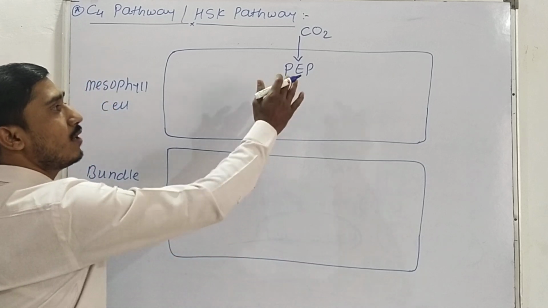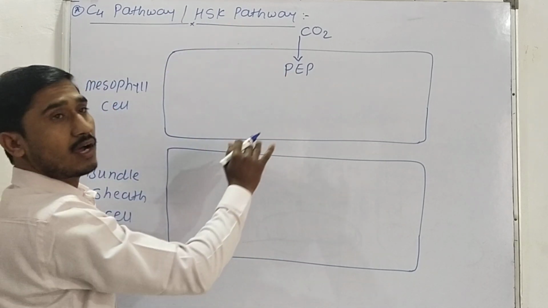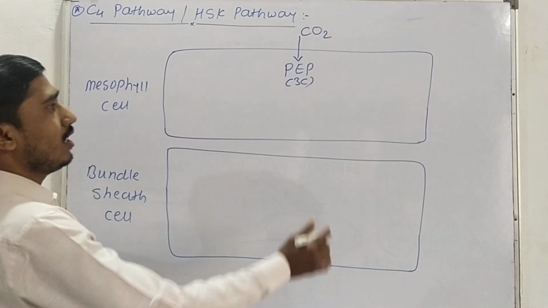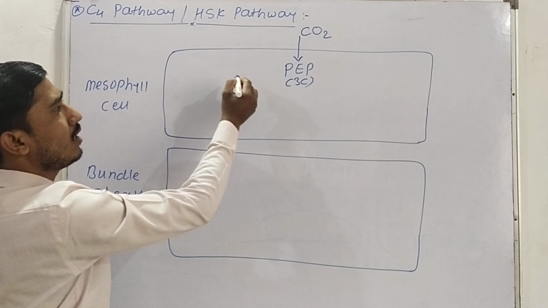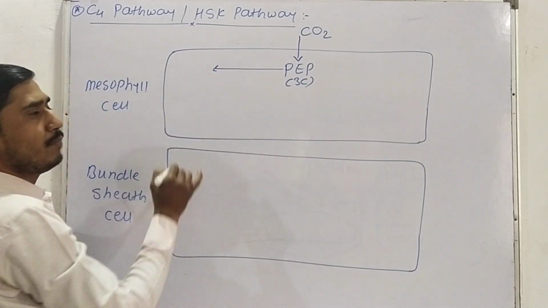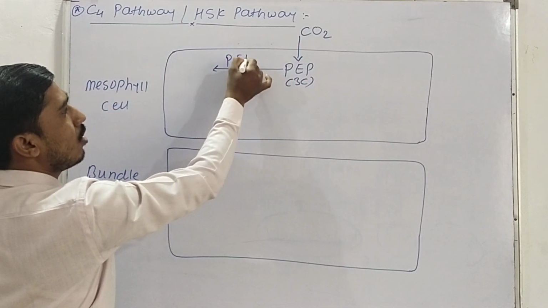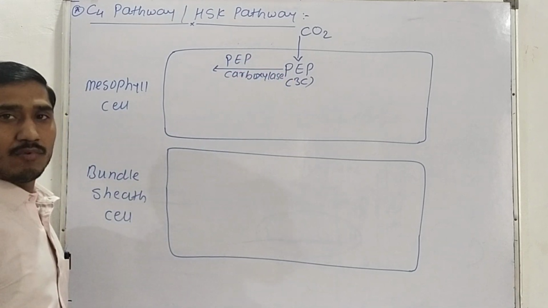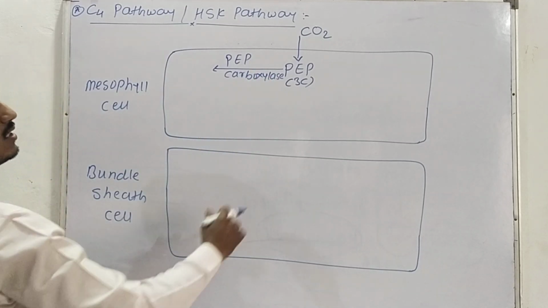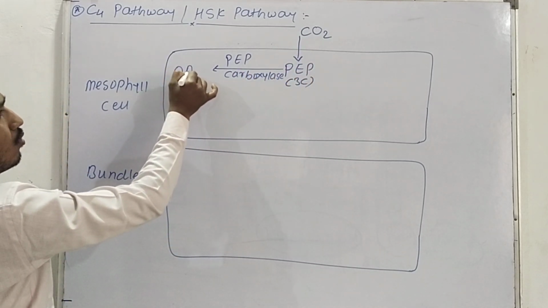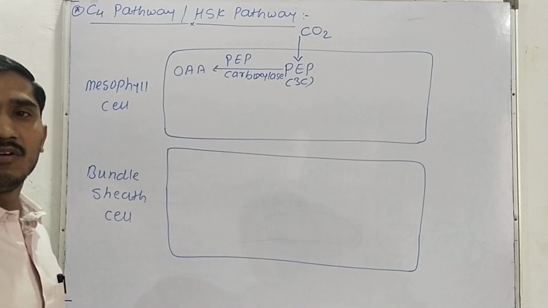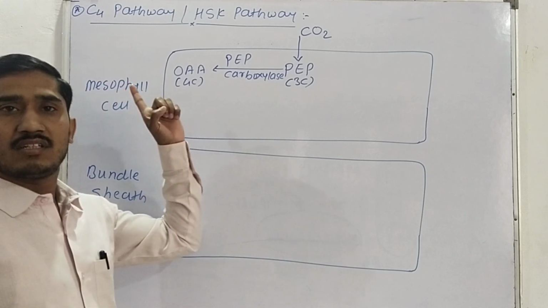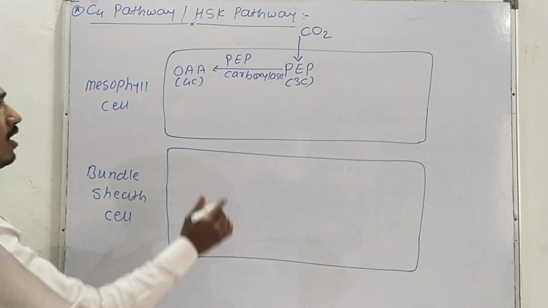The CO2 plus PEP reaction is completed in the presence of the enzyme PEP carboxylase, and CO2 is fixed into OAA, oxaloacetic acid, the 4 carbon compound and first stable product of the C4 pathway.